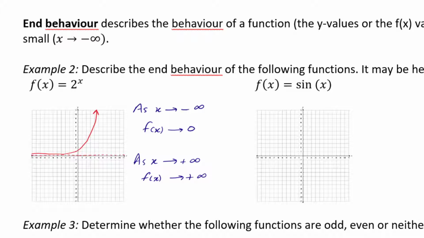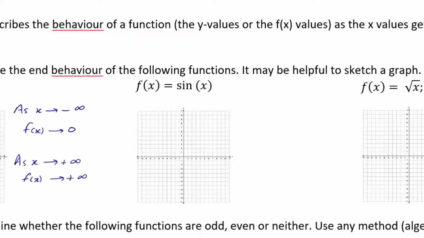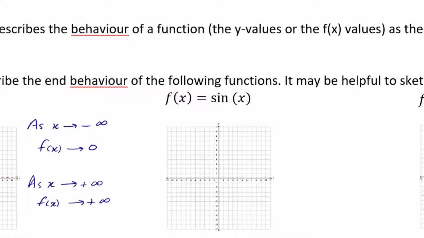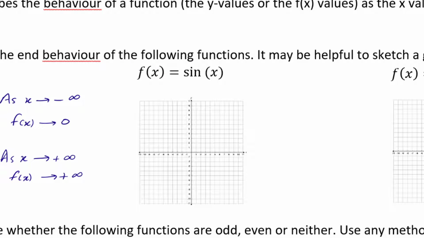The next one I'd like to take a look at is the sine function. Okay, let me just quickly zoom in a little bit more. If we were to draw the sine function, recall that the sine function looks something like this. It is effectively a wave, right? And in fact, it only goes up to 1 and down to -1.